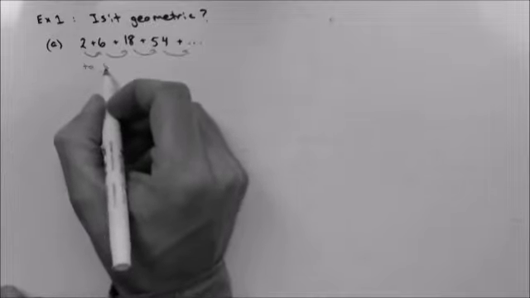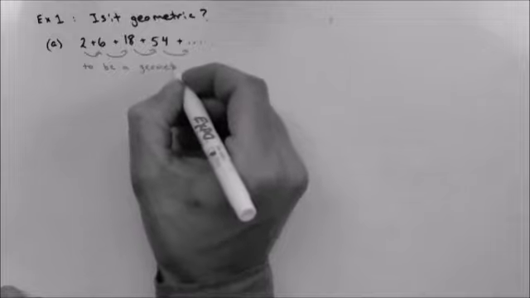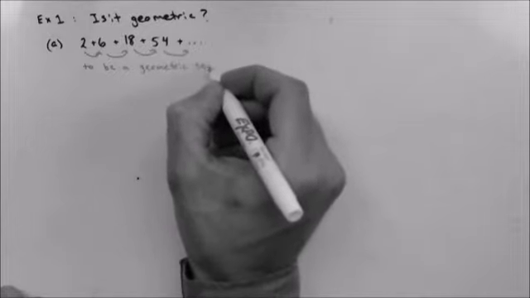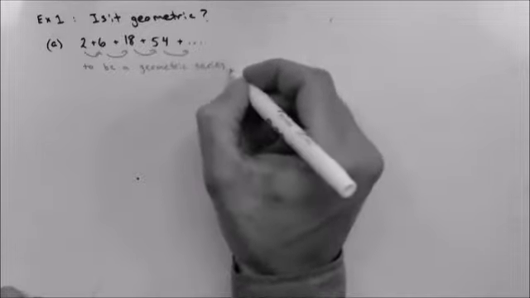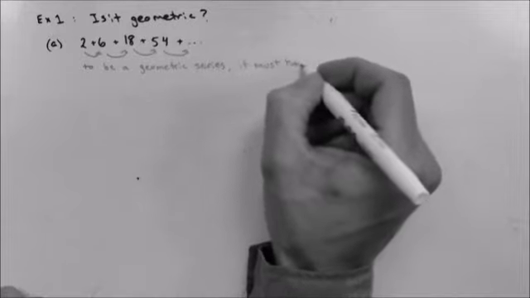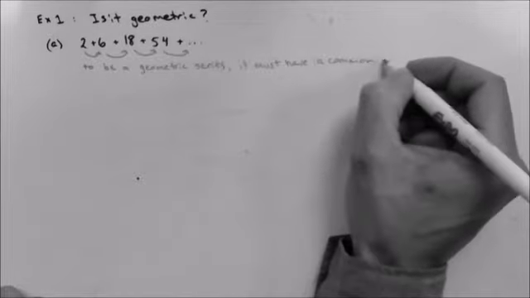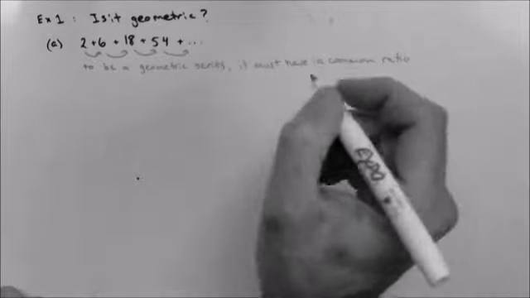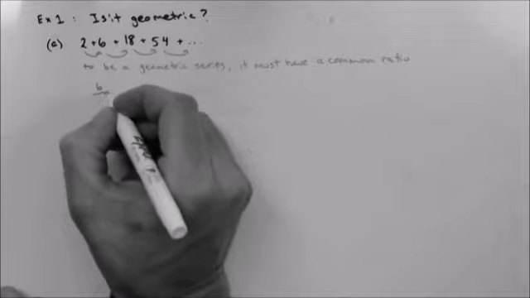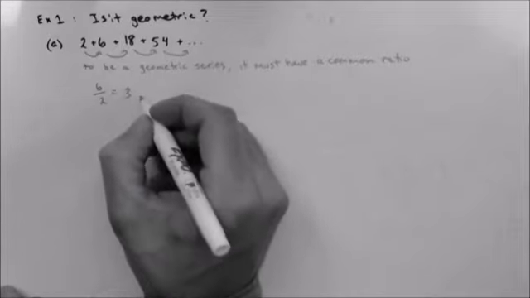To be a geometric series, it must have a common ratio. So we take term 2, divide it by term 1, has to be consecutive terms. We get 3.